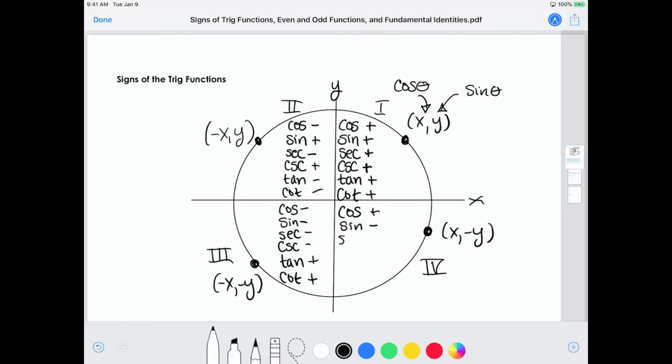Since secant is the reciprocal of cosine, that is also going to be positive, and cosecant is the reciprocal of sine, so that will be negative, since reciprocals maintain the same sign. Tangent and cotangent are both going to be negative. Since sine and cosine are opposite signs, when I come up with my ratio for tangent and cotangent, and I have a positive divided by a negative or a negative divided by a positive, I'm going to get a negative in both cases.